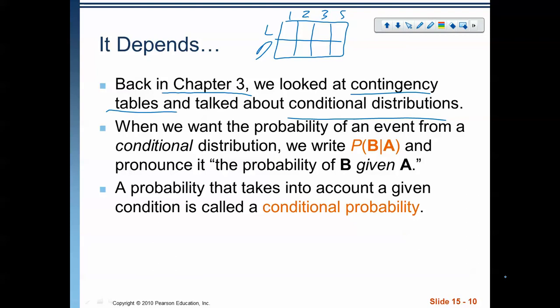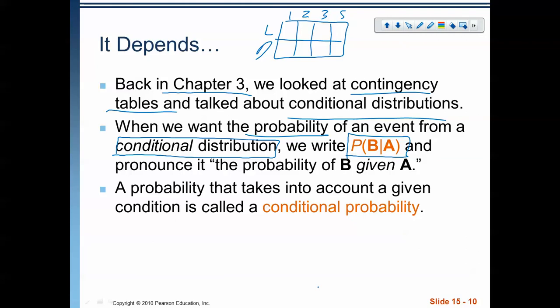Okay? We're going to answer those same types of questions today, only we're going to talk about it in terms of probability. And when we want the probability of an event from a conditional distribution, meaning a condition has been set, we have this notation that we want to write. Okay, so look at that notation.